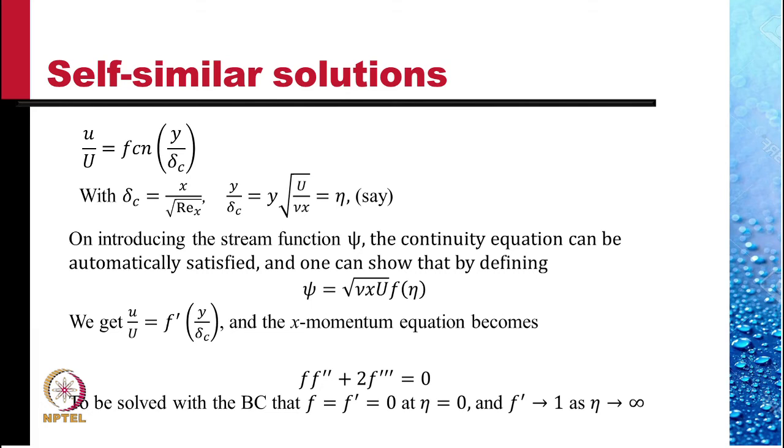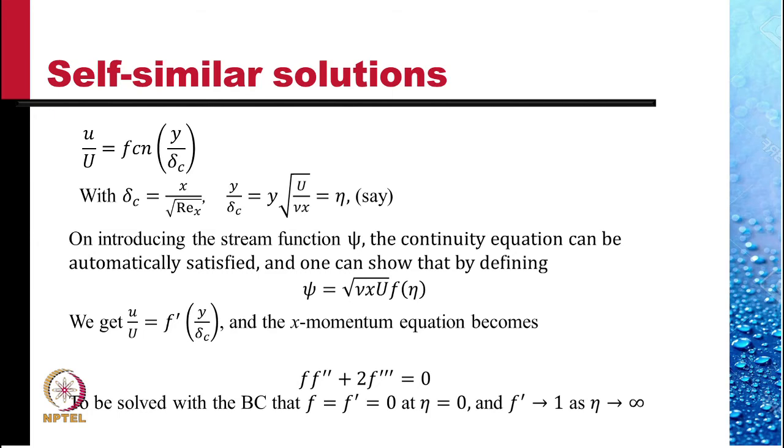On introducing the stream function psi, the continuity equation can be automatically satisfied, and one can show that by defining psi is equal to under root nu x capital U times f of eta, that function f of eta, we get u by capital U as f prime of eta, where f prime stands for del f by del eta.